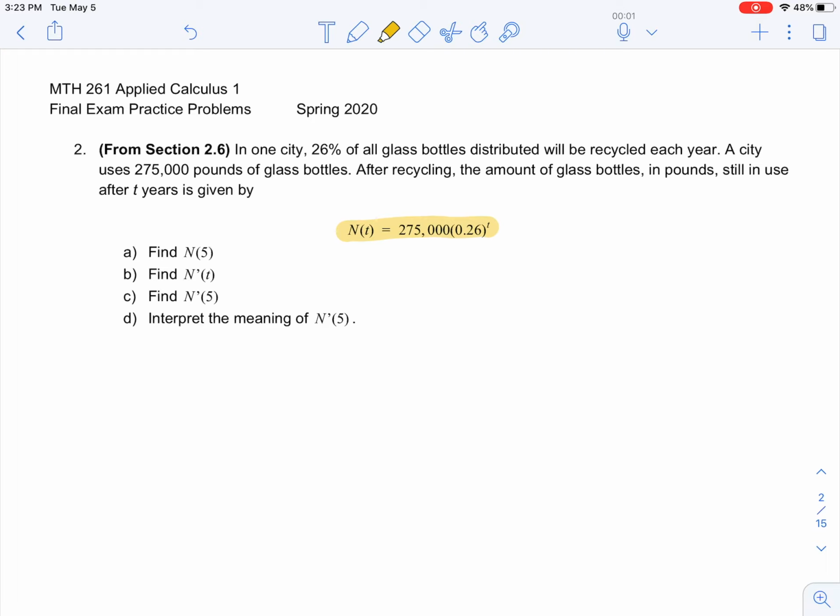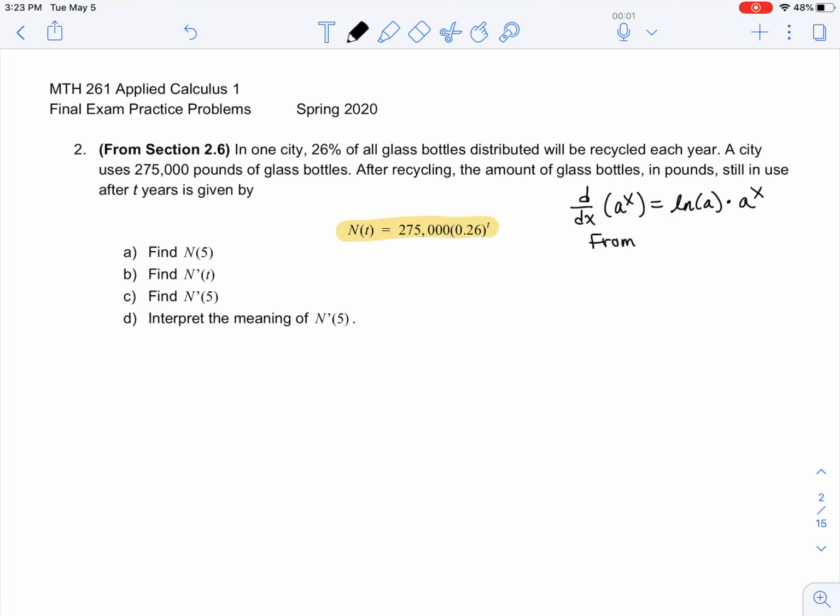So this is an exponential function, and we talked about how to take the derivative of an exponential function. d/dx of, let's say, a to the x power is equal to what? Natural log of a times that a to the x, right?